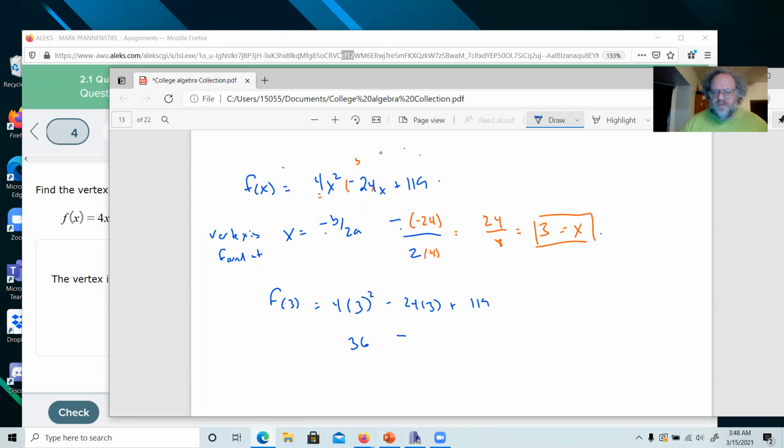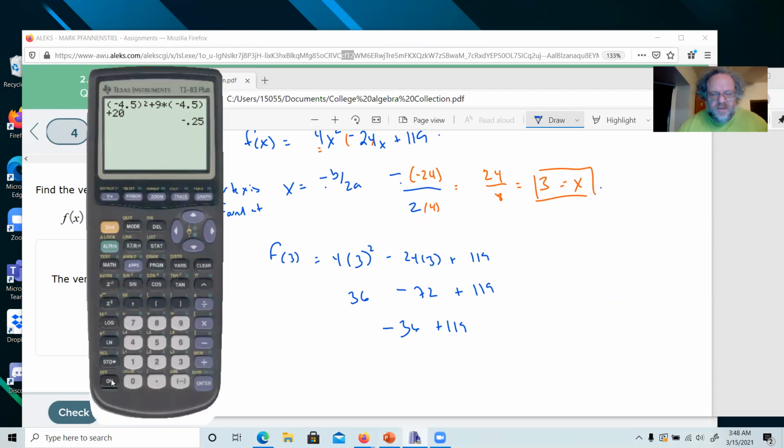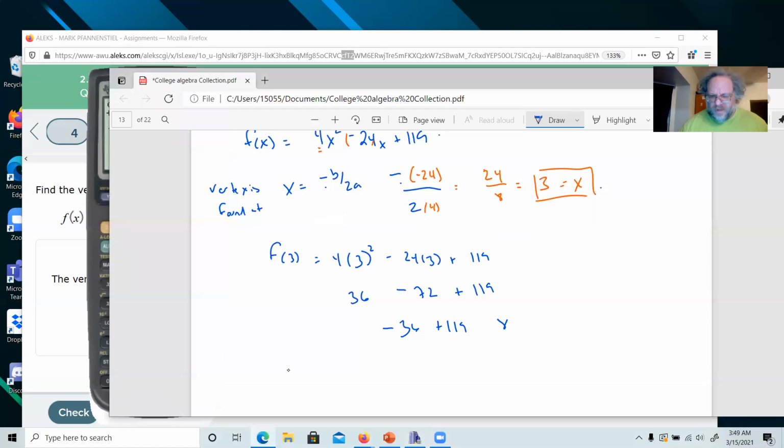Minus 24 times 3, that's 72. 36 minus 72 is negative 36, plus 119 is 83. So the vertex is (3, 83).